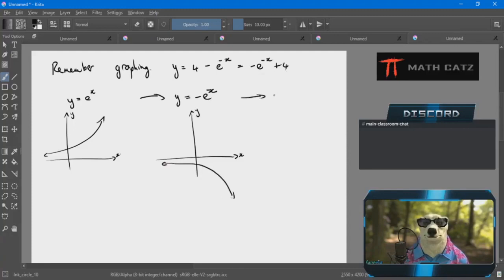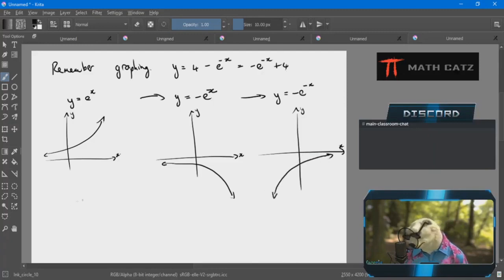Then if I chain that with replacing x with a negative x, what is going to happen to the graph? The previous graph is going to be reflected in the y-axis. Let me not touch the x-axis. It's going to look like this, more or less.